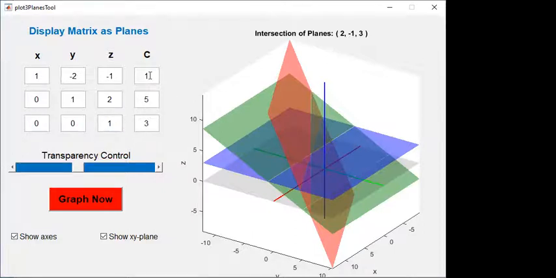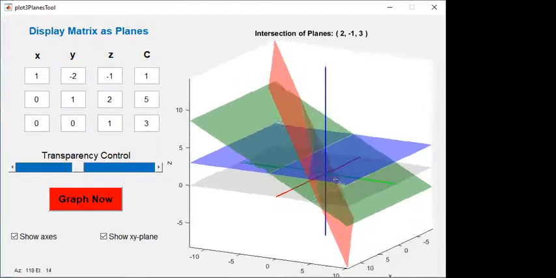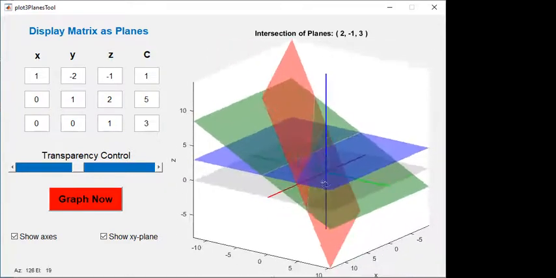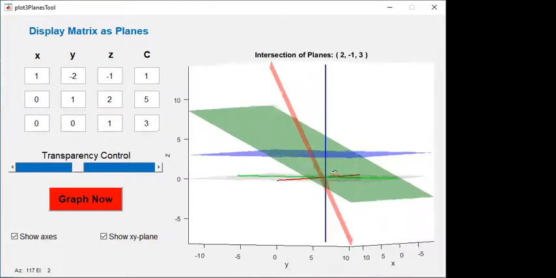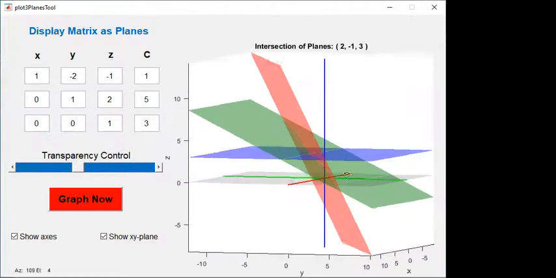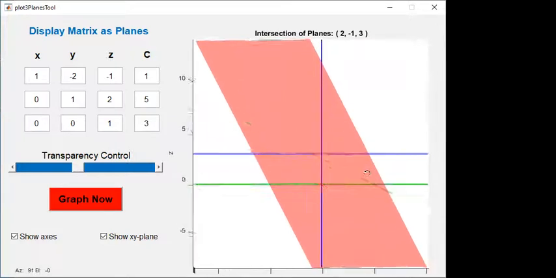Now let's consider the bottom equation, the z equals 3 equation. Once again, we're following the order red, green, blue for the planes that we're producing. So the last row produces the blue plane. What can we see about that? Well, that's a nice plane that looks flat. By flat, I mean it's parallel to the x, y axis. It's at the same height everywhere.